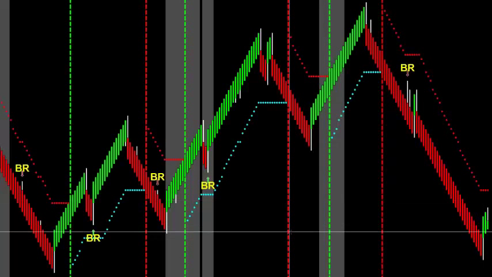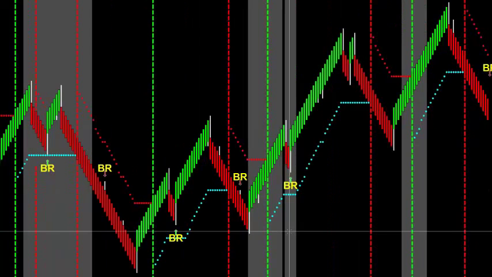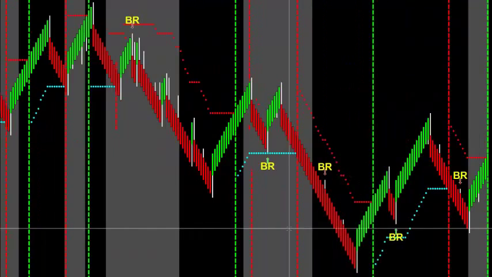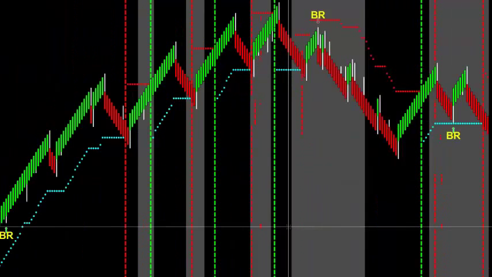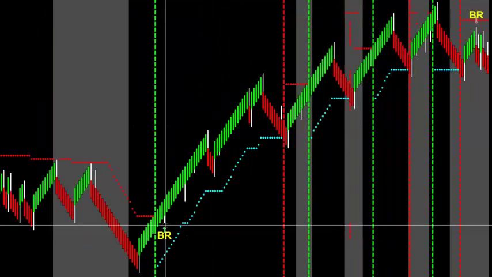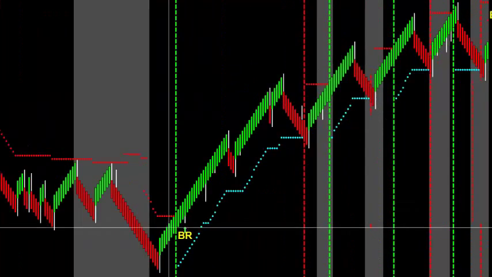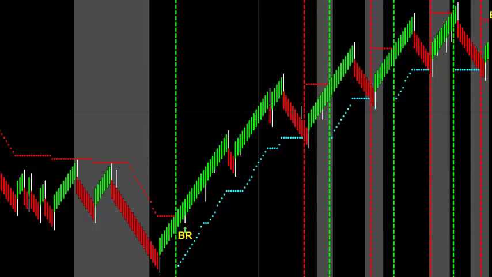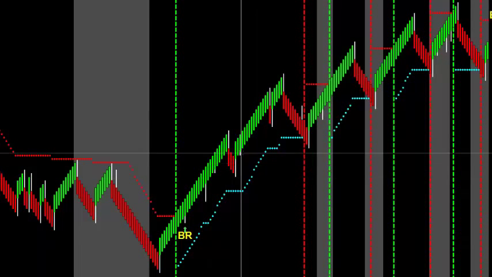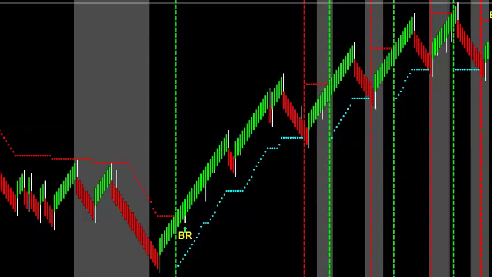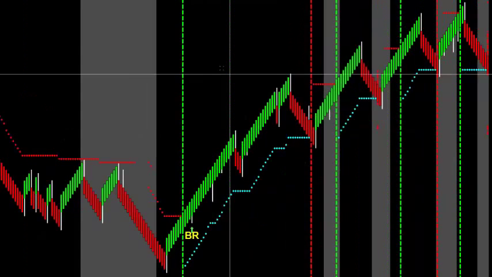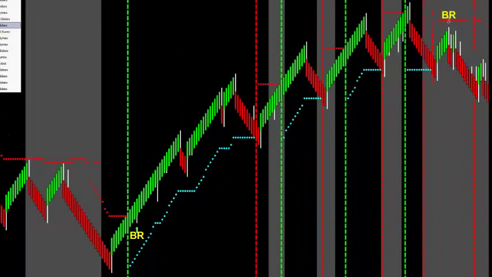So that's the difference. That's a 5-1. Not near as many signals, particularly when we're only seeing one. On the 5-1, we got one signal. On the 2-1, we probably would have had a whole trend change here and another signal, and another signal, and another signal. So it really depends on how you want to approach that.